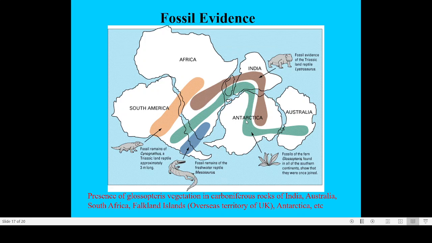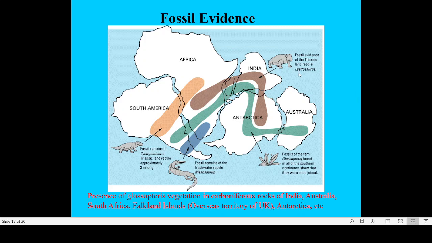Here you can see that Glossopteris is present in Australia, Antarctica, India, Madagascar, Africa, and South America. So if you examine the fossil evidence of this fossil fern, we can easily explain that once all these continents were joined together.